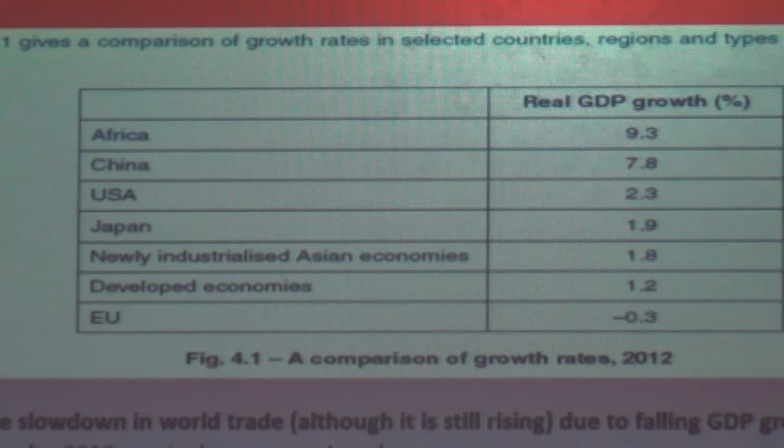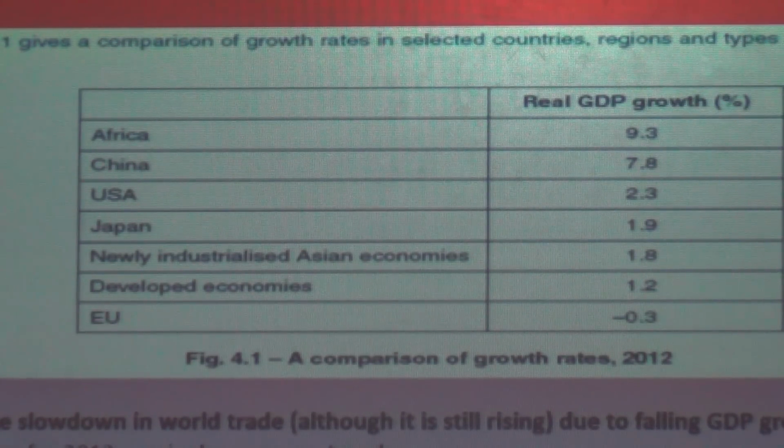You can see from this data that the growth in the developed economies, 1.2%, very weak really. The newly industrialized Asian economies at 1.8% is still, relatively speaking, quite weak.